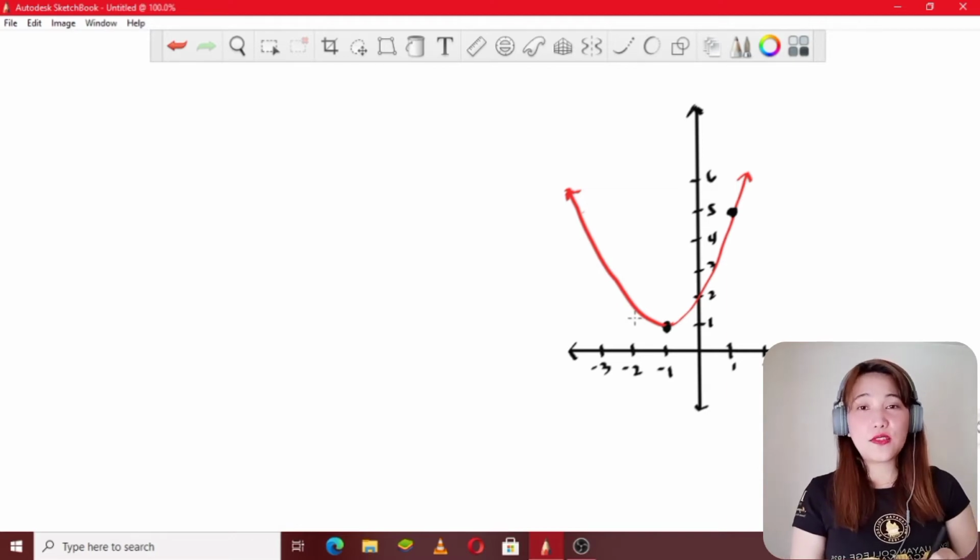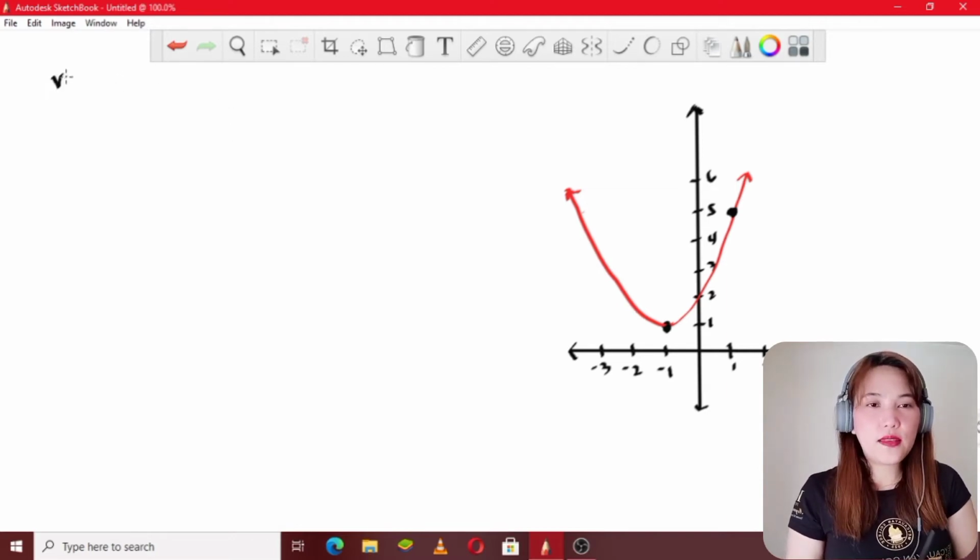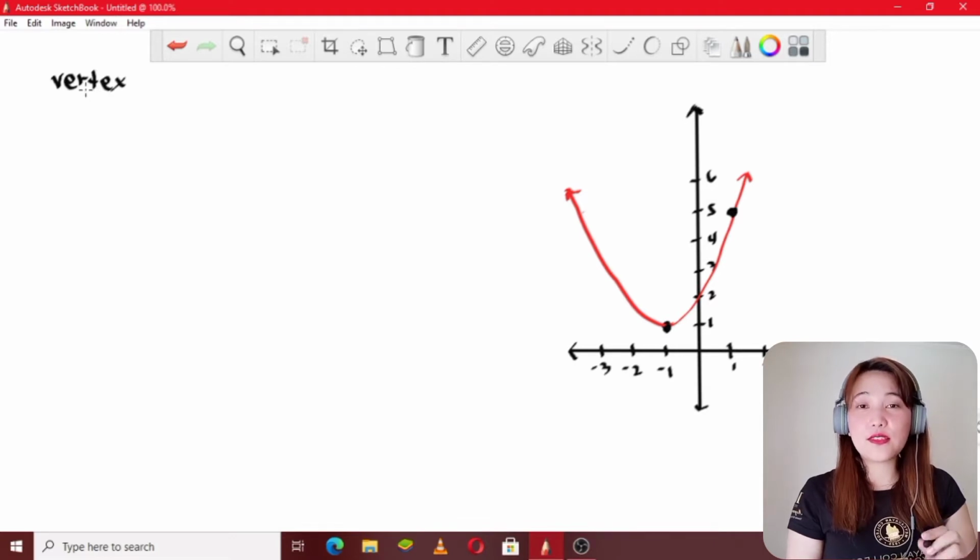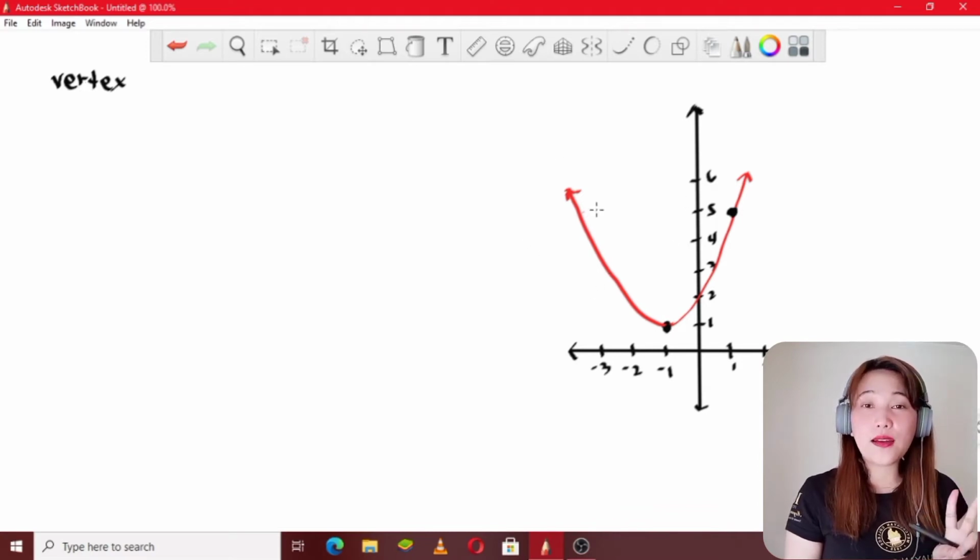So the first thing we need to do is we have to identify the vertex. Again, the vertex is the turning point of our graph, or this is the highest or the lowest point of the parabola. And since the parabola on our given opens upward, ibig sabihin, the vertex of this graph is the lowest point.